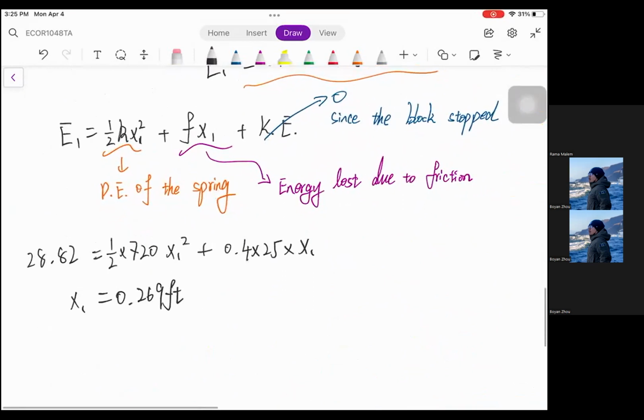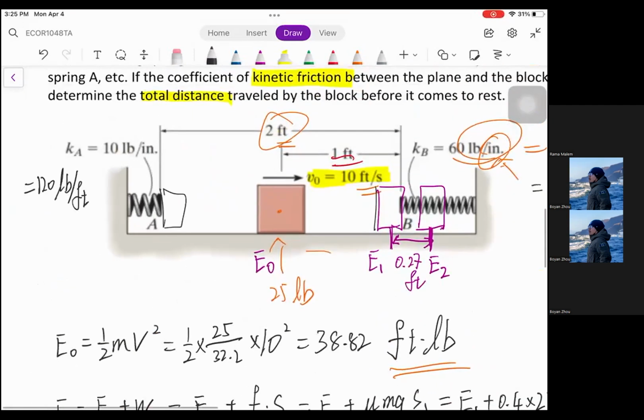So now we can calculate E2. What I mean by E2 is when the block moves from E1 to here and then comes back to here. So that is E2.